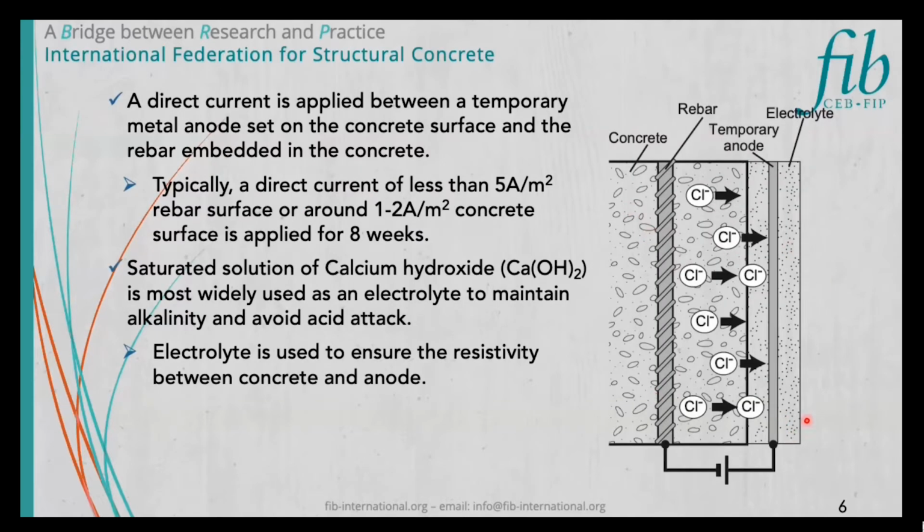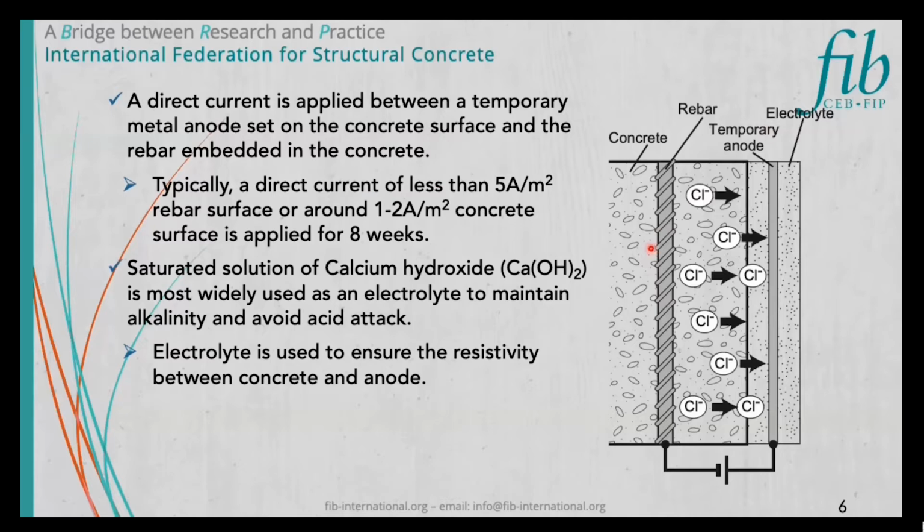As you can see in this diagram, the principle of chloride extraction is very similar to that of realkalisation. A direct current is supplied by a DC source and applied between a temporary metal anode set on the concrete surface and the rebar in the concrete member.